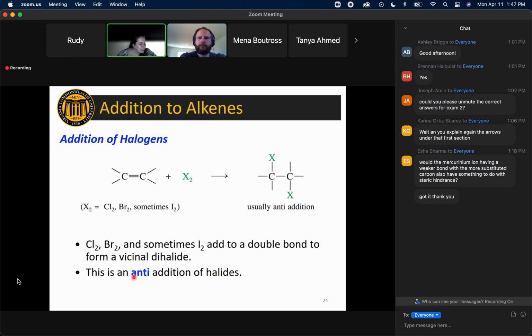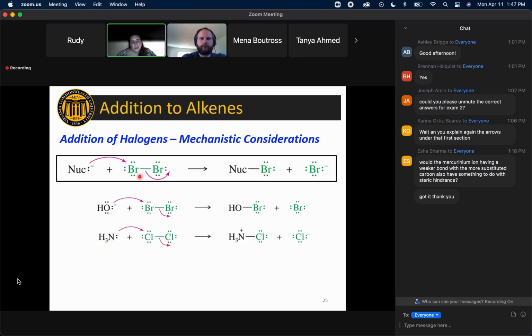This is going to add in an anti-addition, which I will show you on the slides coming up mechanistically. So when we're talking about molecular halogens, so Br2 or Cl2, this bromine-bromine bond is fairly weak. And as you can imagine, it's pretty much okay with the bromine if it leaves with these 2 electrons as a Br minus. And so that means that a nucleophile can attack either of these bromines.